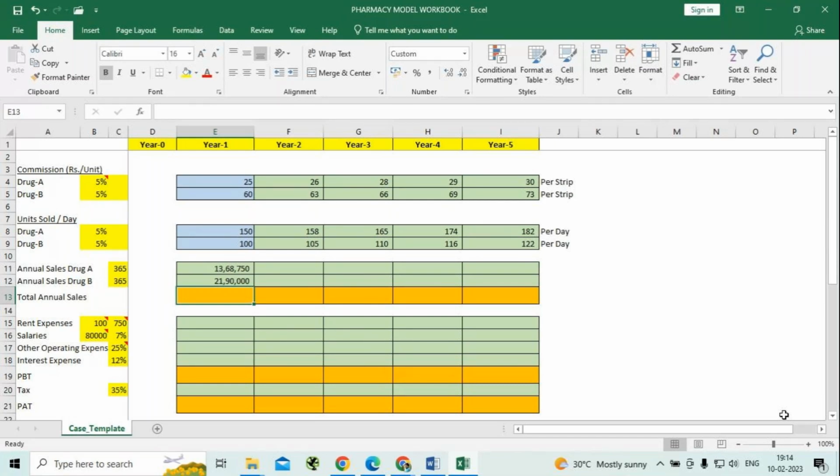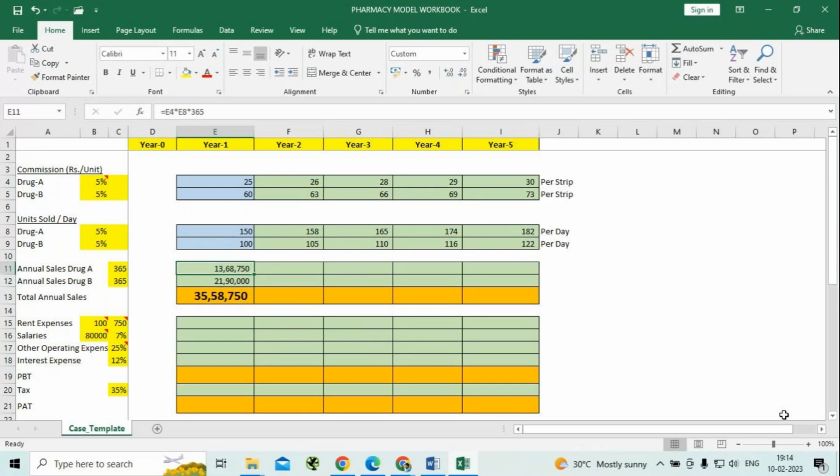The total sales of that year, adding both drug A as well as drug B, sum it up. So you are going to have 35 lakhs 58,750.